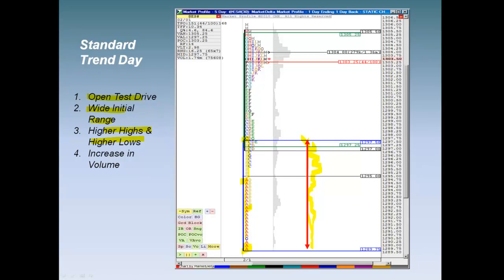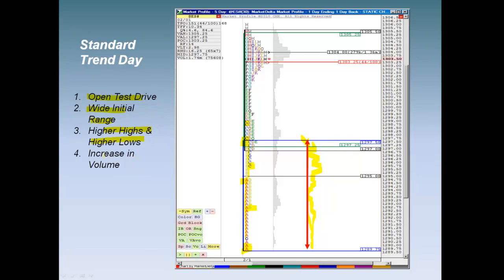Those are all very indicative of a strong directional day. And we continue to see that the same happens. For period C, here's the low for C, here's the low for B. Obviously, C has a higher low than B, and it also has a higher high than period B. So we're continuing to see higher highs and higher lows.